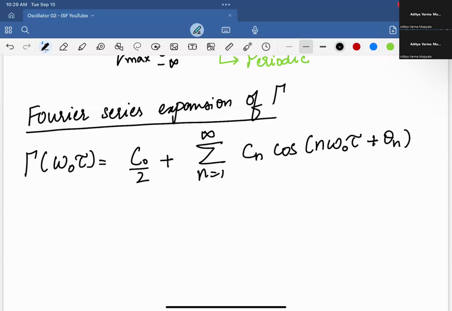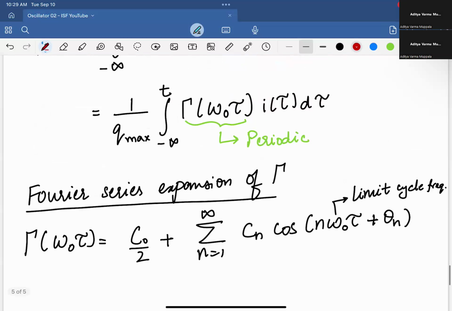And this omega naught here is the limit cycle frequency, right? The period is determined by the period of the limit cycle. Okay, so then we can plug this back in, substitute into this.